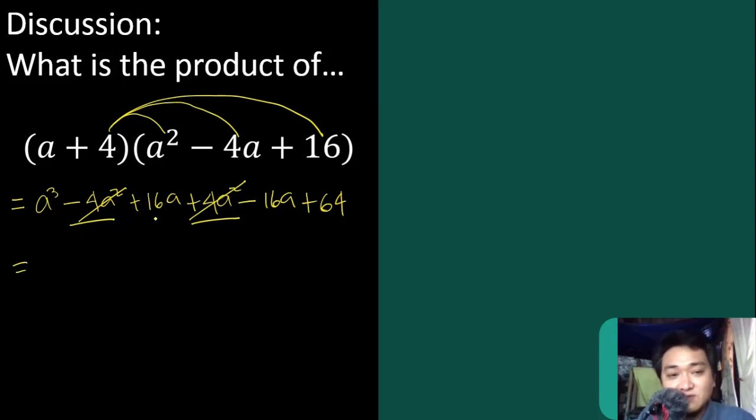Now we have another similar term, 16a and negative 16a. They are very much the same term except yung isa positive, yung isa negative. At kung i-evaluate mo yan, positive 16 minus 16, that is 0, i-times mo sa a, 0 pa rin.